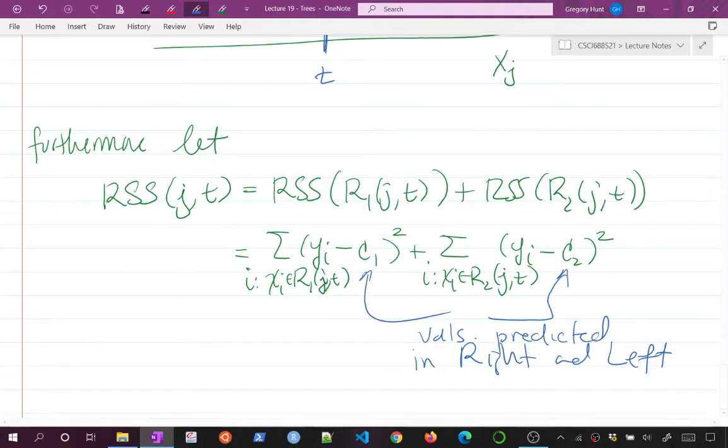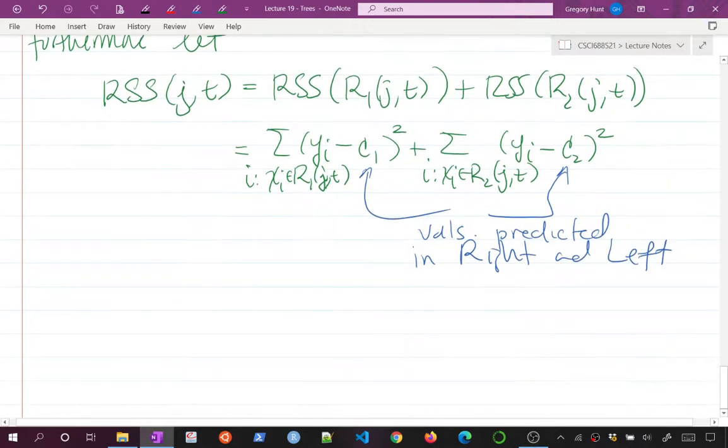If I were to split variable j at point t, what would be the RSS that I'm going to get in each of these two rectangles, predicting the average of the y's in one rectangle and the average of the y's in the other? What would be the RSS if I make that split on each side? So that's basically what this RSS is calculating.